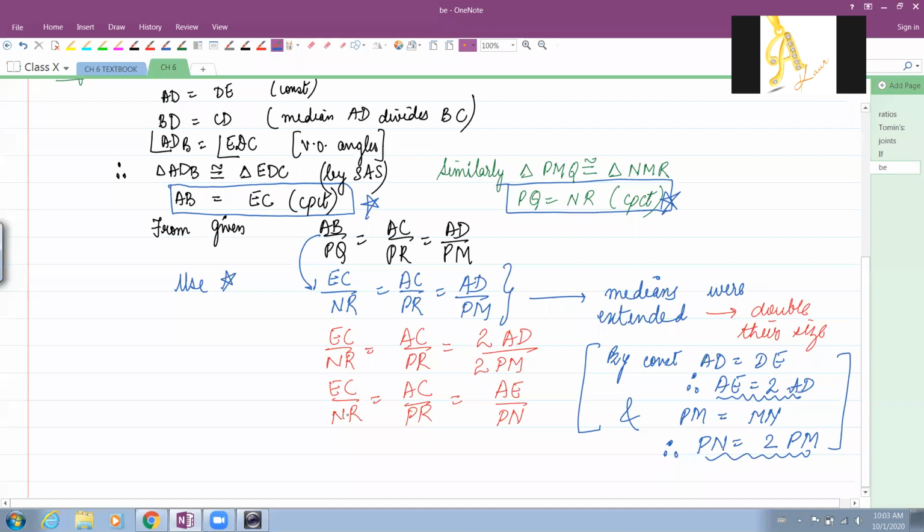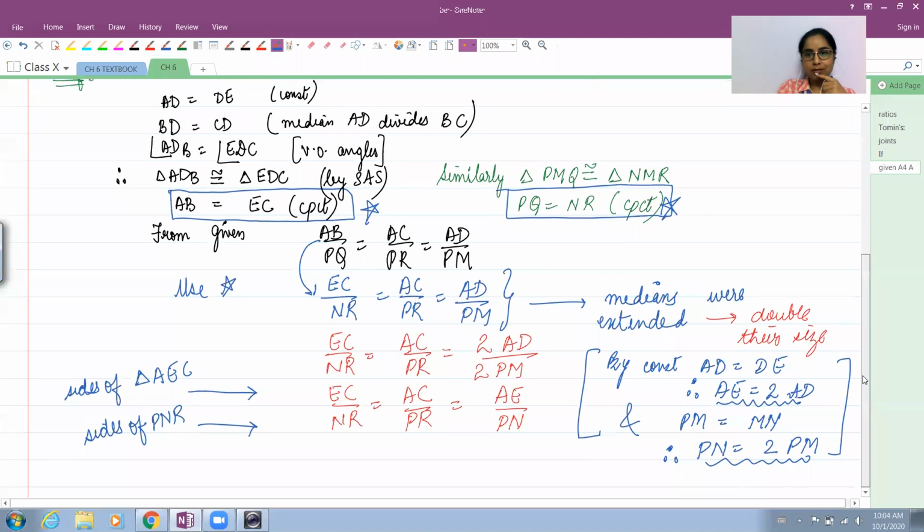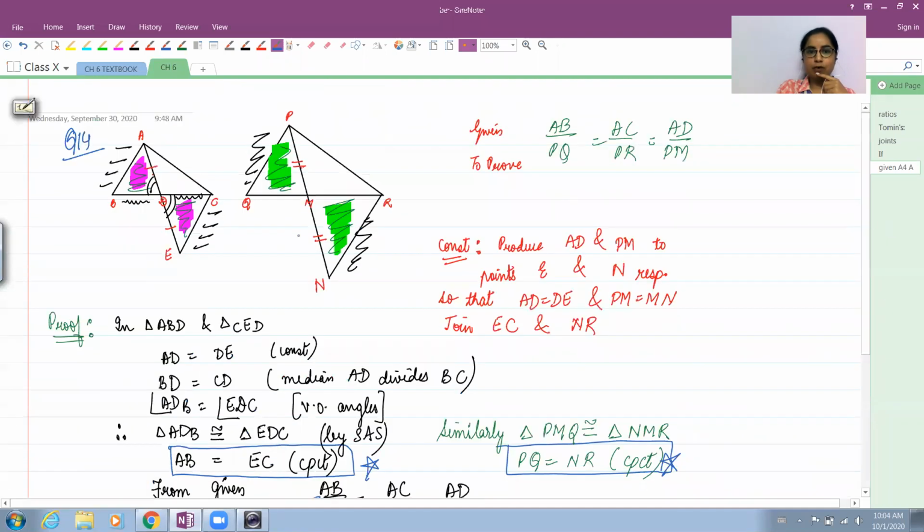No, ma'am. Now, if you look at the sides in the numerator, these are the sides of triangle AEC. You have the figure with you, so it will be easier for you to refer to that. And in the denominator, I have sides of PNR. I'll go back to the diagram. I have obtained this result.